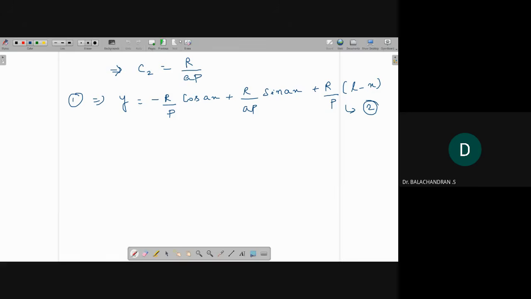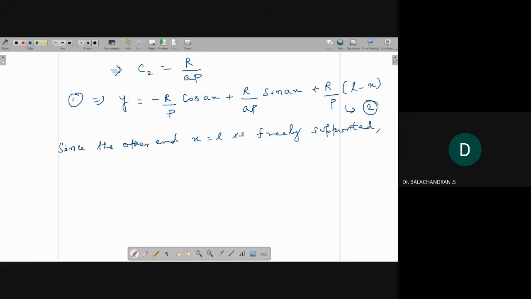Since the other end, x equal to L, is freely supported, that is given in the question.